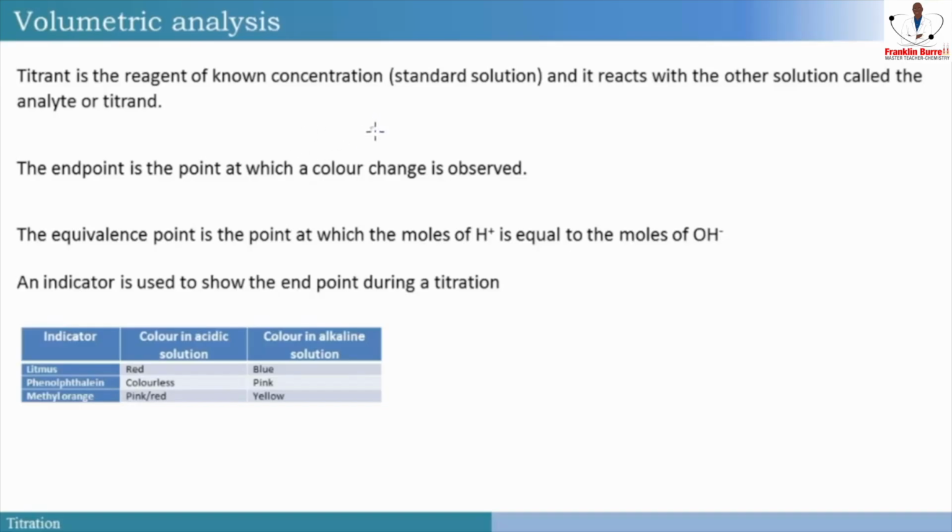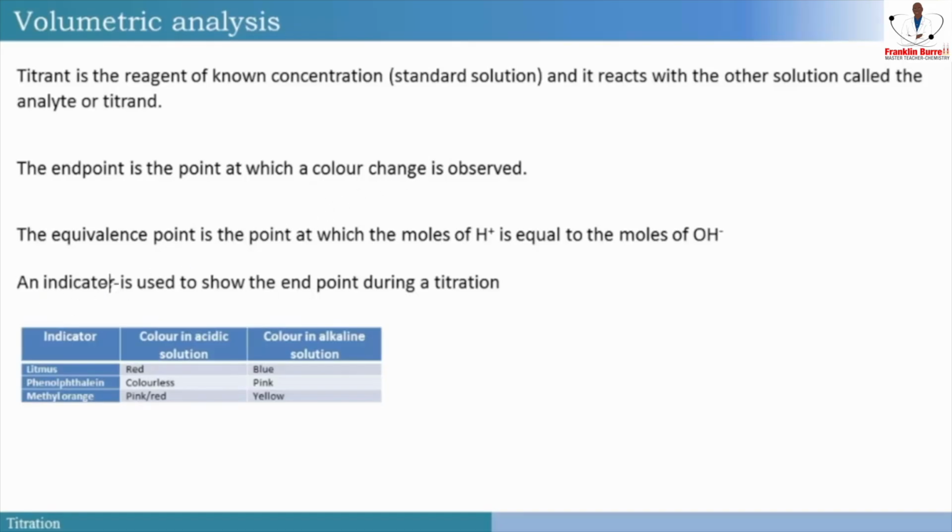Now, when you run your titrations, especially if it's acid base, remember that there is no color of the acid. The acid is colorless, the base or the alkaline is colorless. So we need to use a particular solution to identify when we should stop running the acid into the base or the base into the acid.